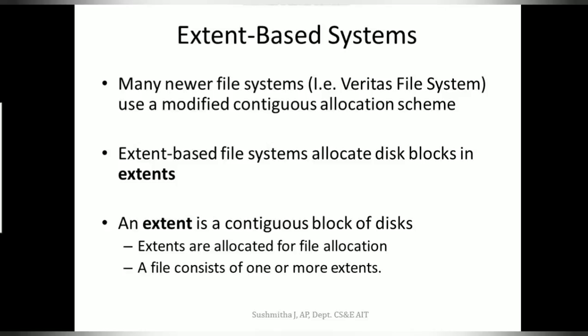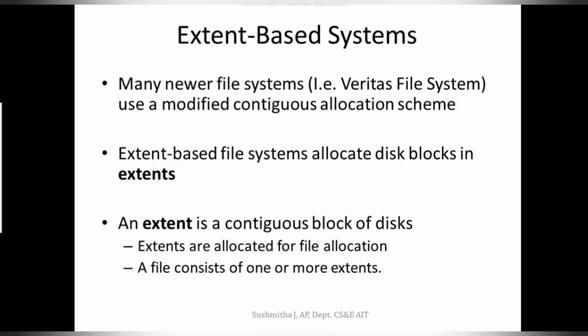To minimize this issue of fragmentation, what we could do here is allocate a contiguous chunk of space initially, and then, when needed, an additional amount called an extent. So there will be another chunk of contiguous space that is allocated, which is called an extent.